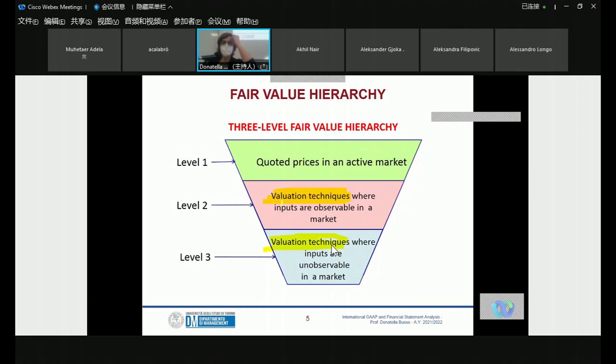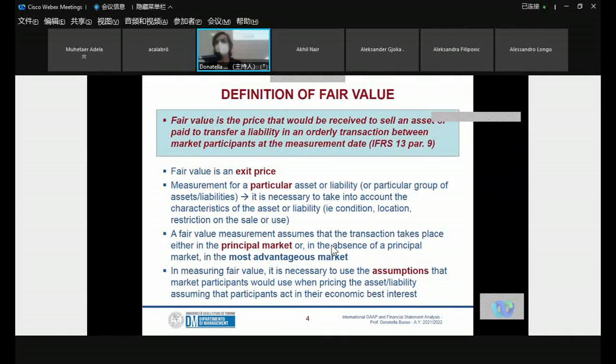Here what is important is that if the asset is not traded, the company cannot use level 1 in order to determine the fair value. It is not possible. But it is possible to use techniques in order to simulate the fair value.